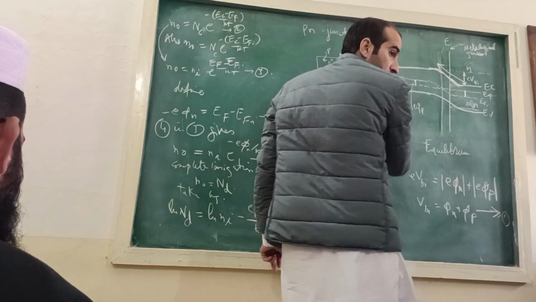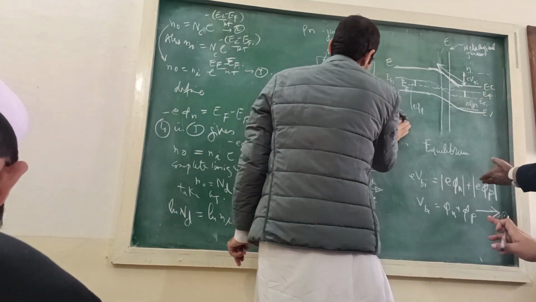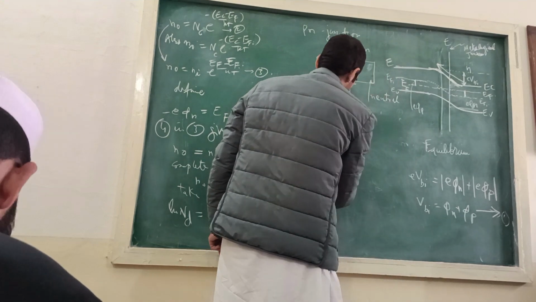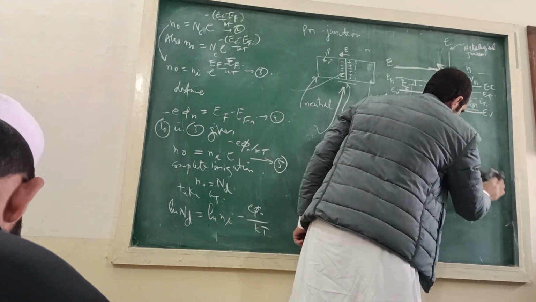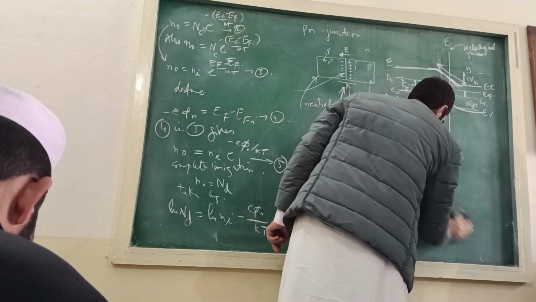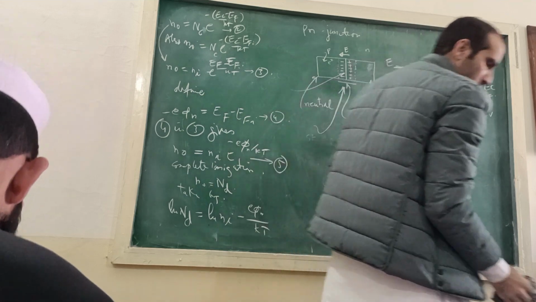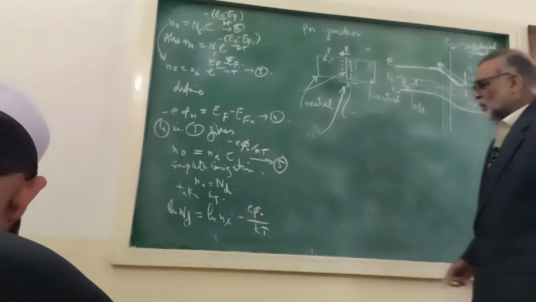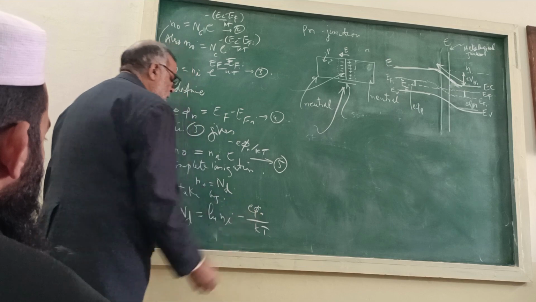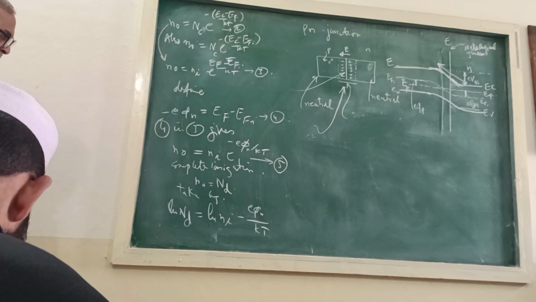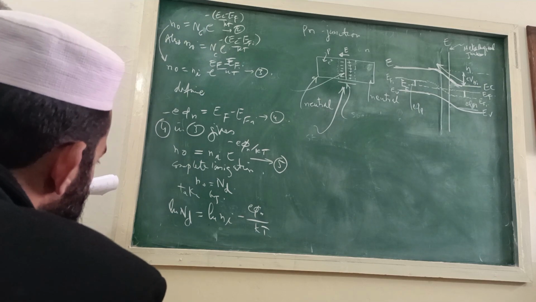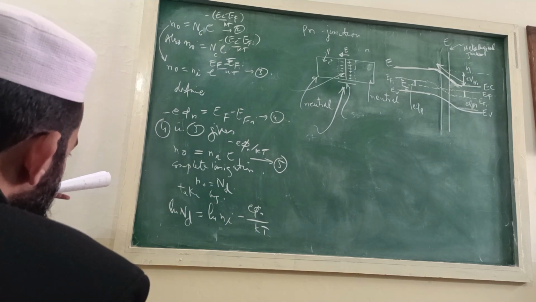Log of ND equals log of NI minus E phi n over kT. Our purpose is to pull out phi n from here.